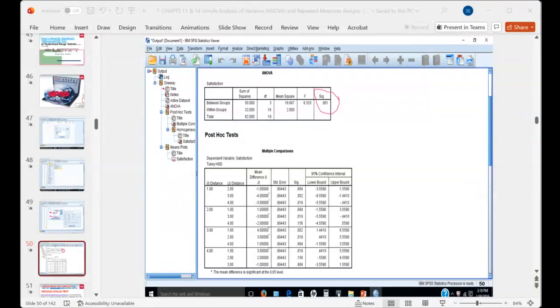The second column is SS. So SS between is 50, same thing we did. And then SS within, go to the left, you see 32. SS total, 82. Also, degrees of freedom between is 3. Within is 16. Total, add them up.